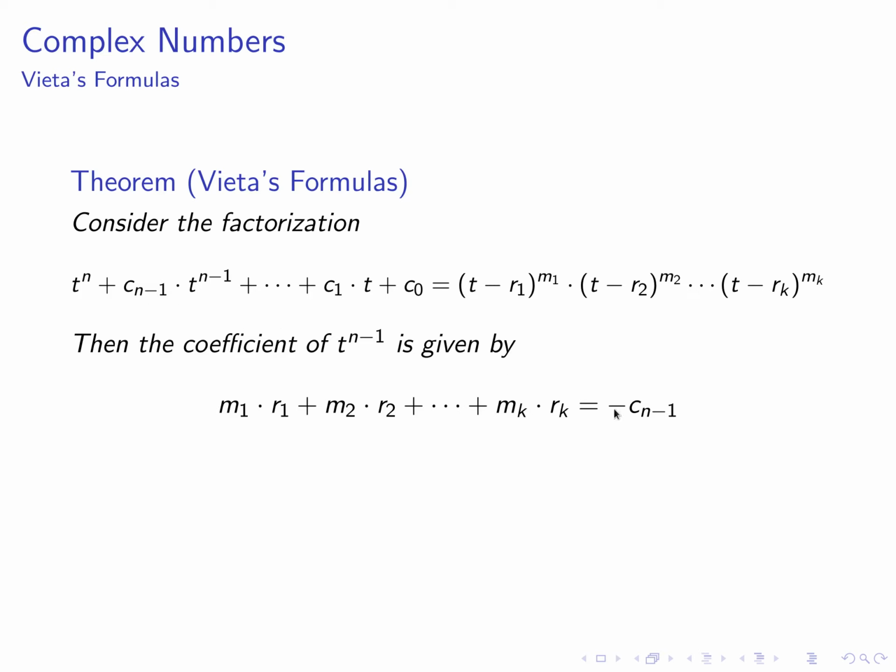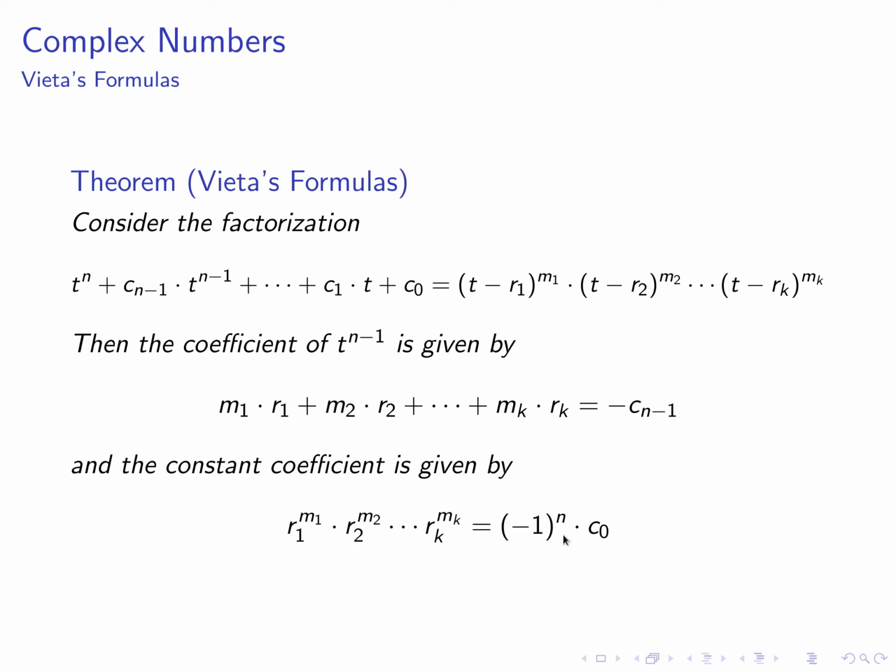It turns out that the negation of that coefficient is always equal to the multiplicity of the first root multiplied by the first root, plus the multiplicity of the second root multiplied by the second root, and we keep going until we get to the multiplicity of the last root multiplied by the last root. So the negation of the t to the n minus 1 term is the sum of all of the roots, where each root is multiplied by its multiplicity.